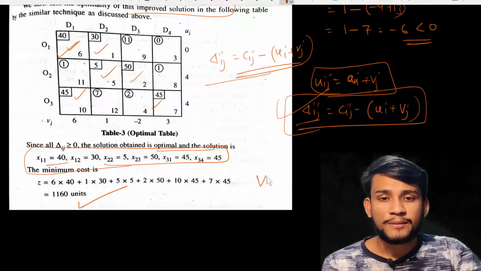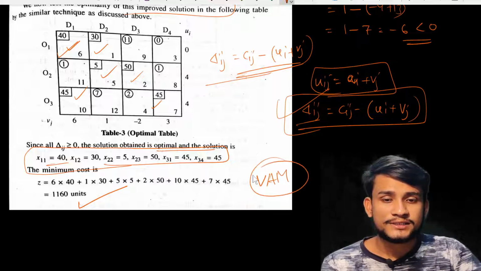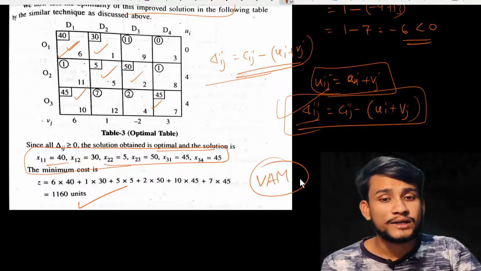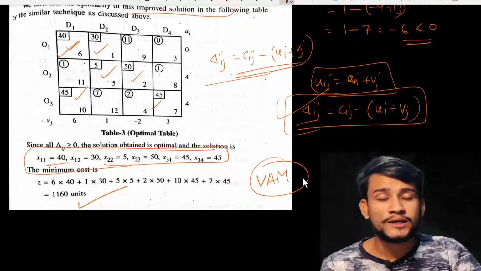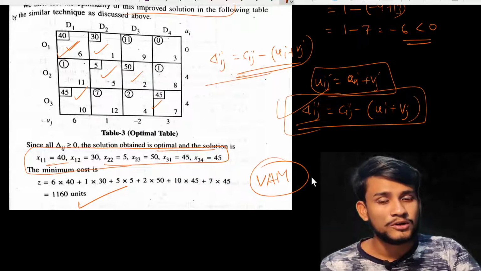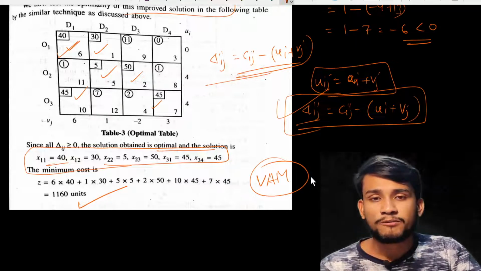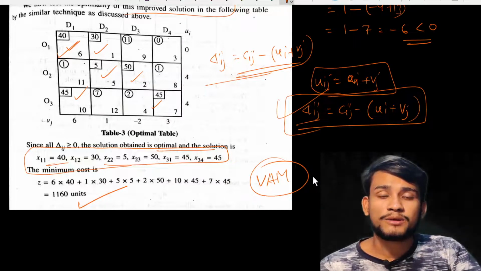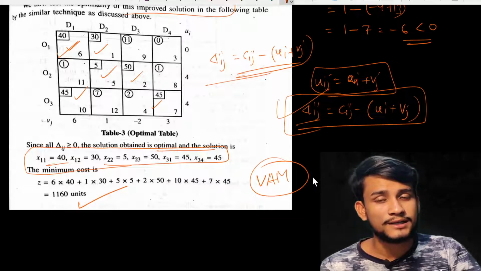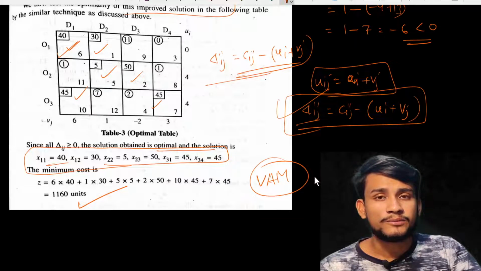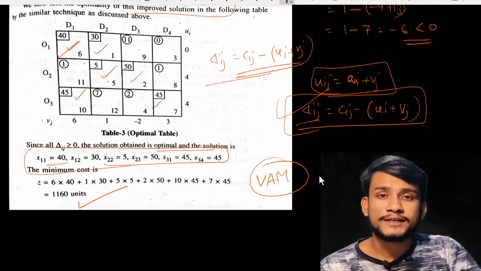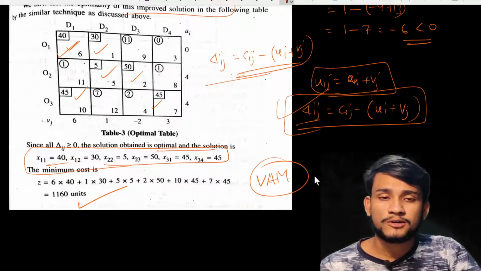For this VAM method, I suggest that you must take any one problem from your operations research book, or from any book, and first solve the problems from the examples in your book. Then take one or two problems of different types.